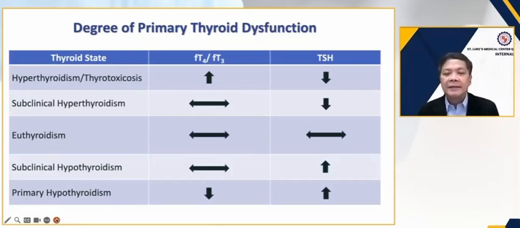At the opposite end, the pituitary is already sensing some deficiency, but the T4, T3 are probably at the lower limits of normal, but the pituitary senses it, so TSH goes up until the patient becomes overtly hypothyroid. So these are the five combinations that you really need to think about in most patients, because most patients' HPT axis will be intact.